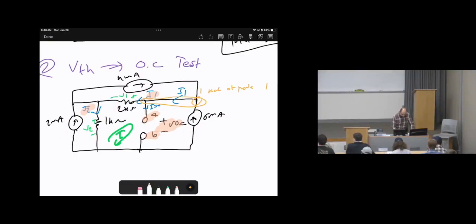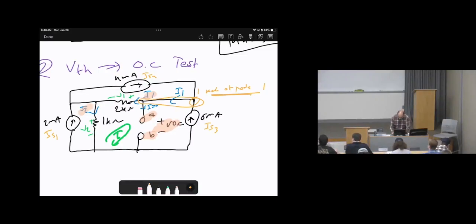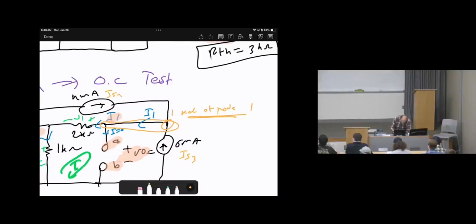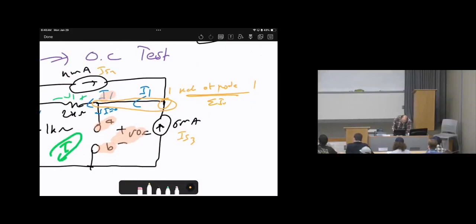I can call these I source 1, I source 2, I source 3. So KCL at node 1, the sum of leaving currents equals 0. Therefore, IS2 is entering, therefore it is negative IS2. I1 is leaving, therefore plus I1.